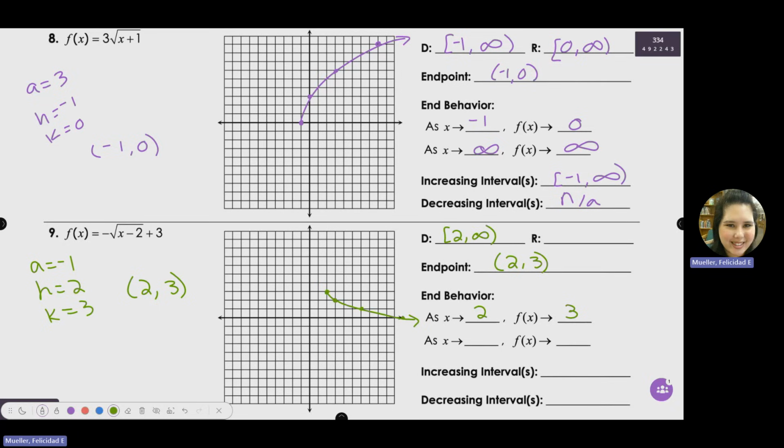My range, though, is going to change, and that's going to be -infinity because it is going down. And the highest point is going to be 3. As x goes to the right, my graph goes down. It is never increasing. It is actually always decreasing.